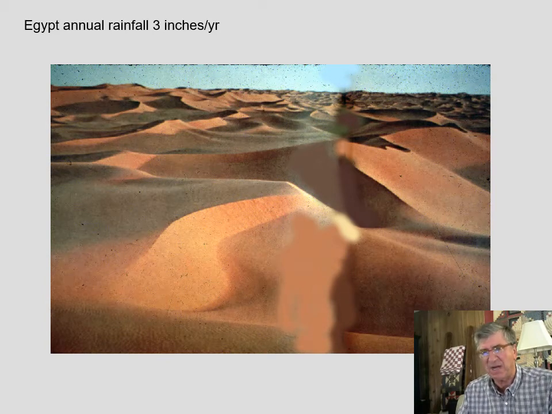So bear in mind that the Nile is surrounded by desert, as we're showing you the Sahara right here, desert mountains to the east and west, and then to the south we have the cataracts, and then to the north there was the Mediterranean.